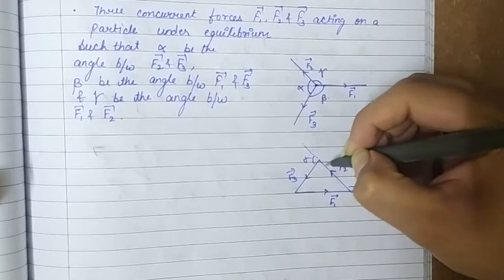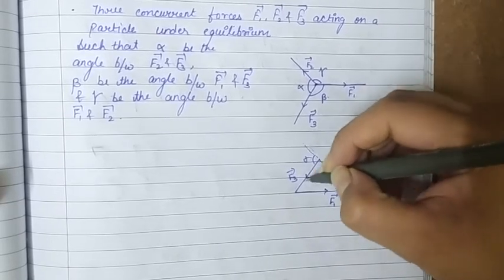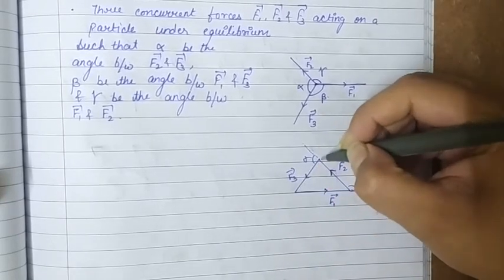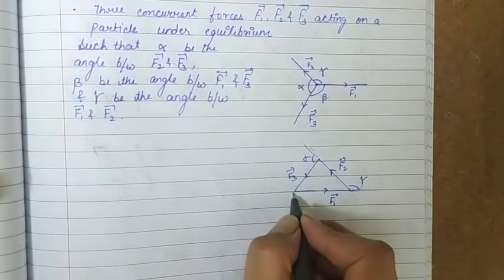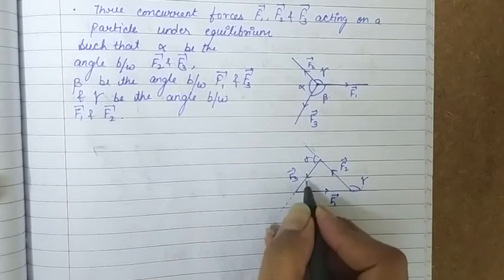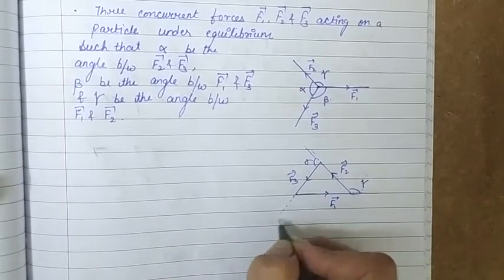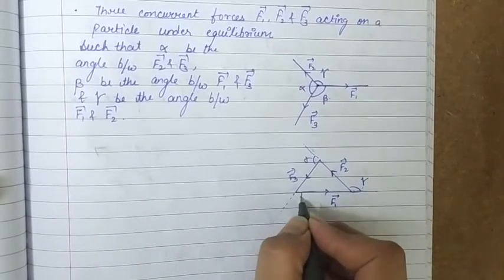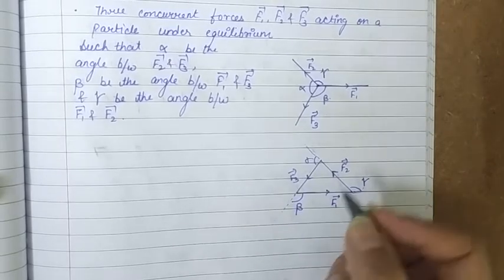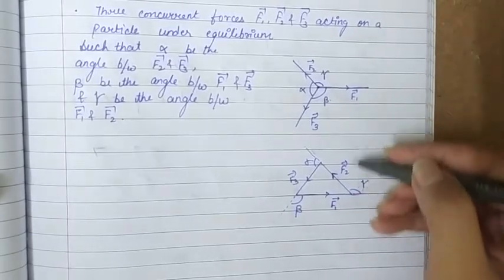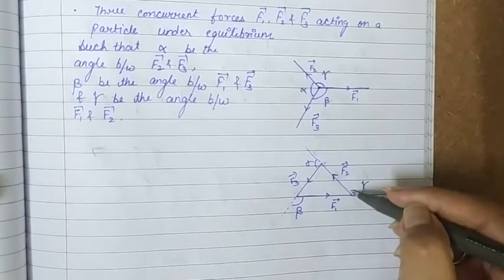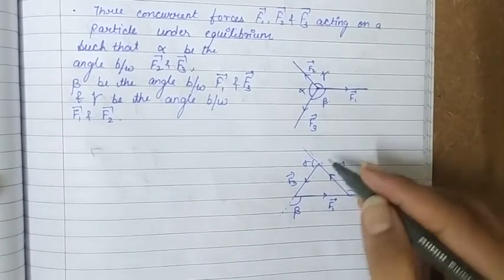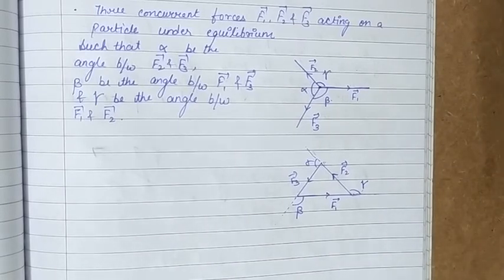So this is the direction of F2 and this is the direction of F3, right? And this angle is alpha. Now for F3 and F1, this is the direction of F3 and this is F1 and the angle between them is beta. So if we compare the two, we just represent these vectors in the form of the sides of a triangle. We haven't changed their magnitudes as well as their angles.